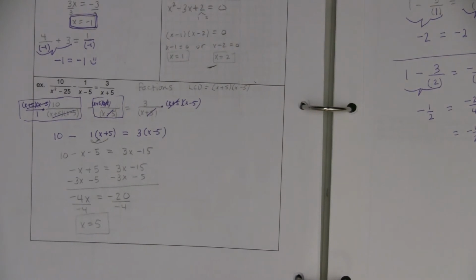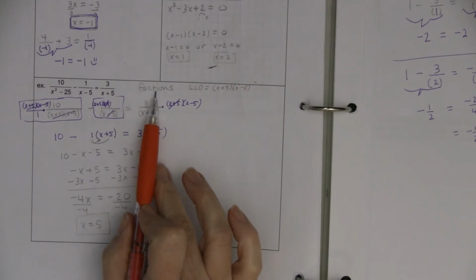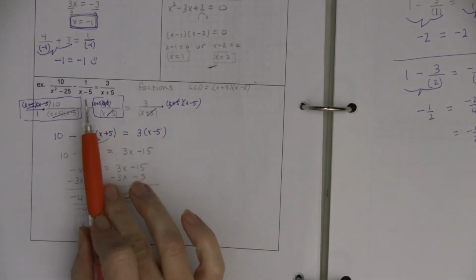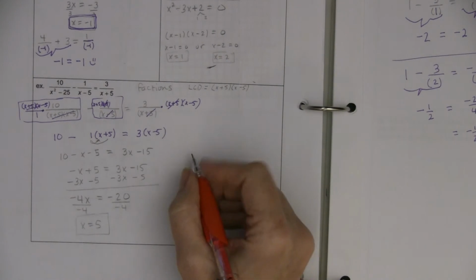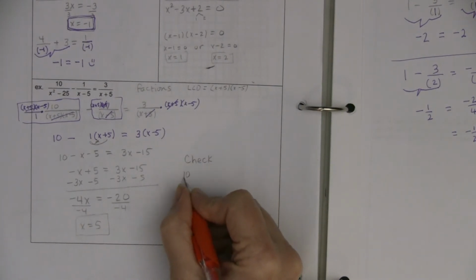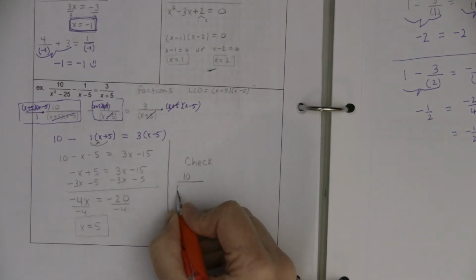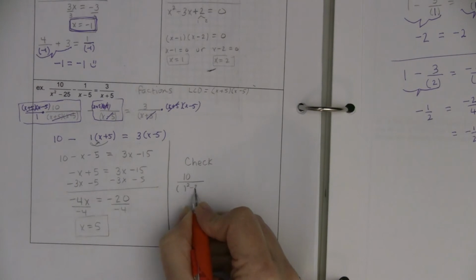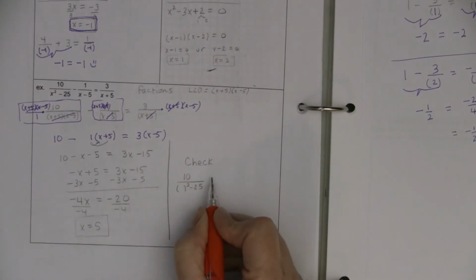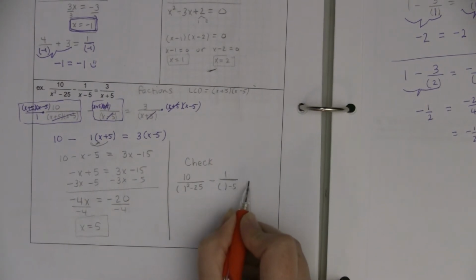Anytime that you solve something that had fractions in it with a variable in the denominator, you have to check. So when I go to check in the original equation, 10 over that squared minus 25, minus 1 over that minus 5.